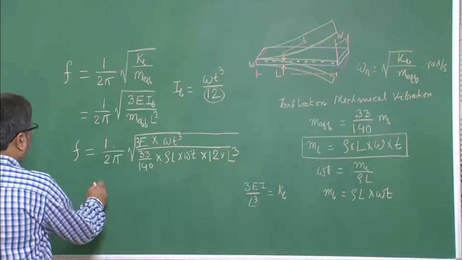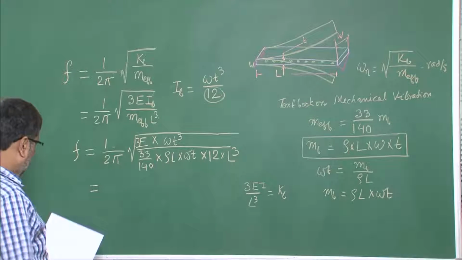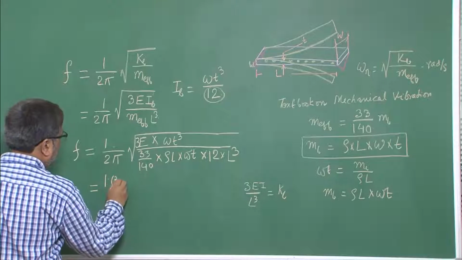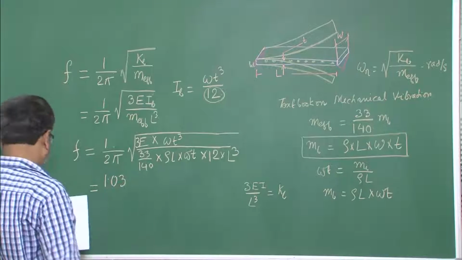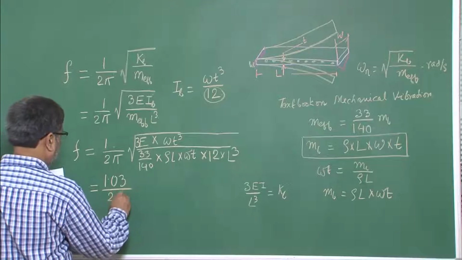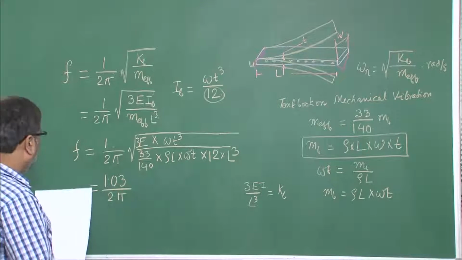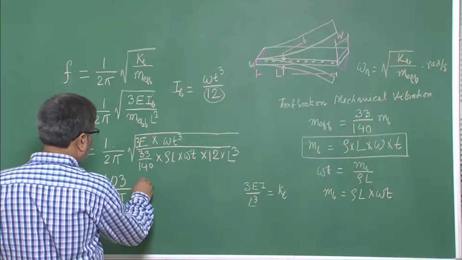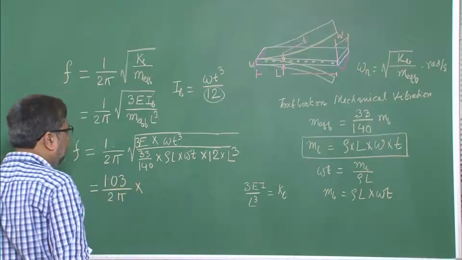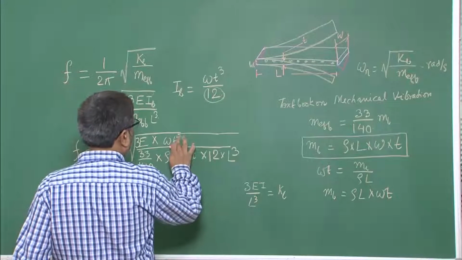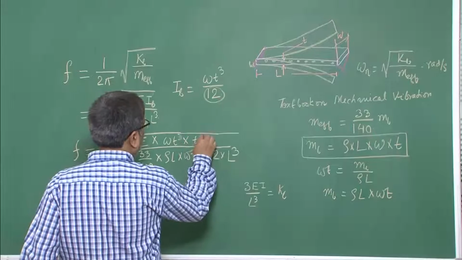Okay, great. Now, as has been already solved, this is coming out to be 1.03 over 2 pi. This has been solved already by our TA, and multiplied by, let us look at this part very carefully. I can write this WT cube as WT times T square.